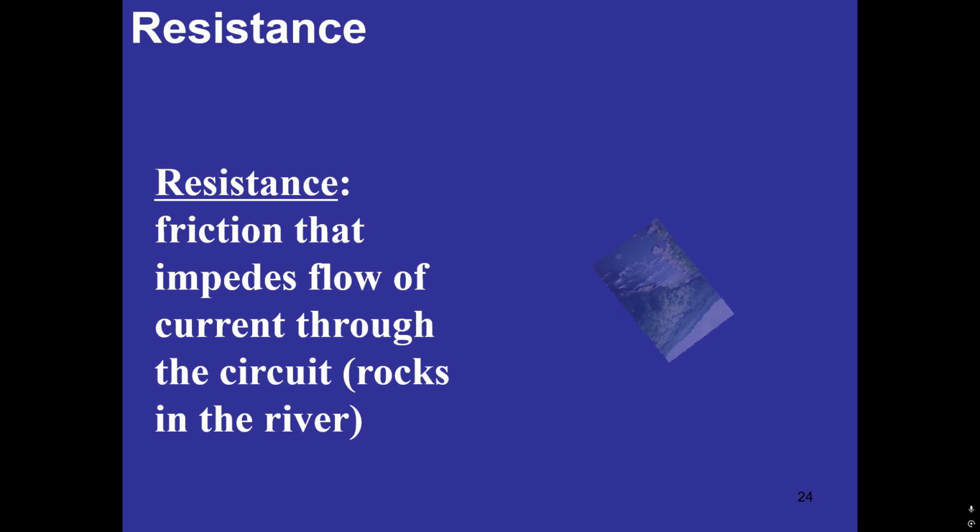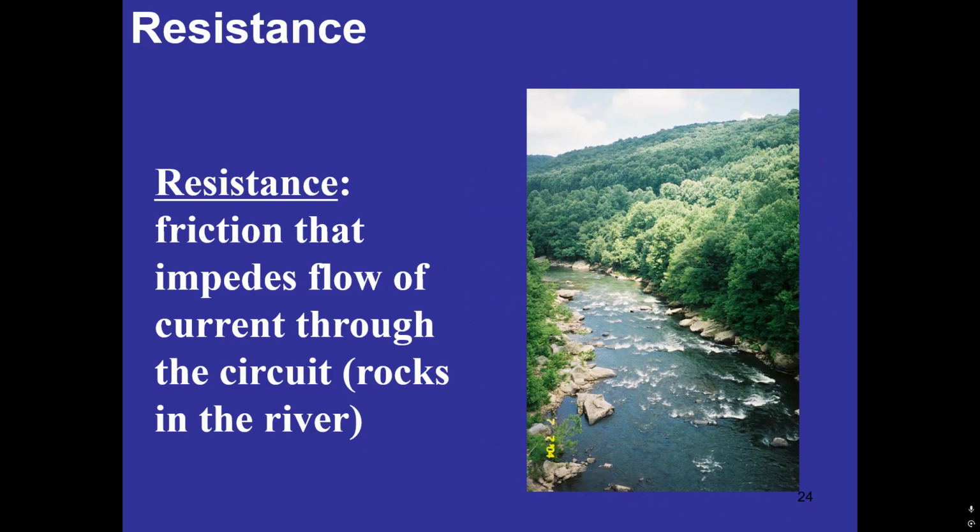It is similar to a river. Suppose the river bed is very smooth, water will flow without any obstruction or blocking. Suppose the river is full of rocks, so there will be friction to the flow of water and the flow of water gets impeded.